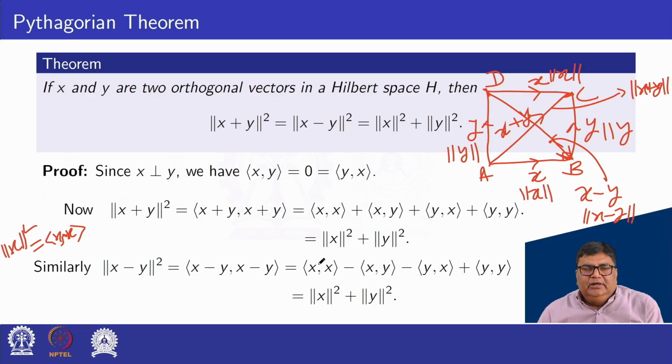Again, inner product of xx is norm of x square, inner product of xy is equal to 0, minus inner product of yx also 0, plus inner product of yy is norm of y square. So we have norm of x minus y square is equal to norm of x square plus norm of y square. Hence proved.